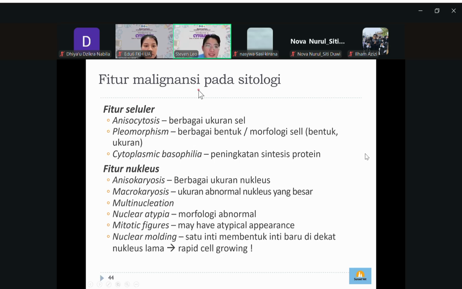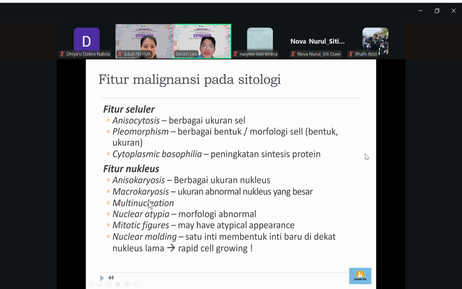And then this is from the cell, but how about the nucleus? The things that you have to see are the cell itself and then the nucleus, how big the nucleus is. Let's say there is a small nucleus and then a big nucleus. Okay, so we know it's something that's growing.